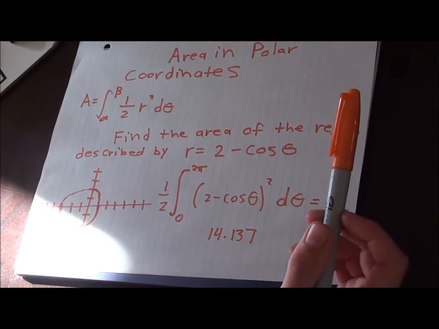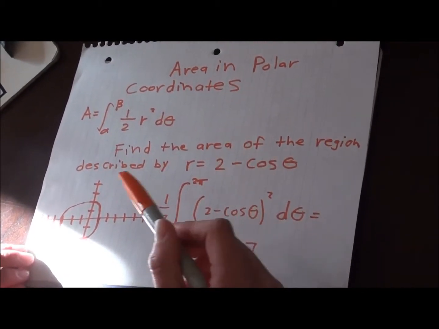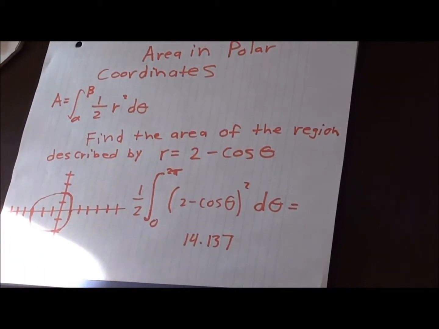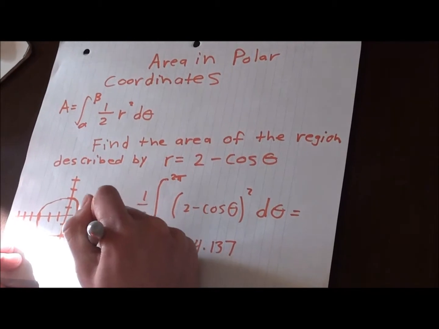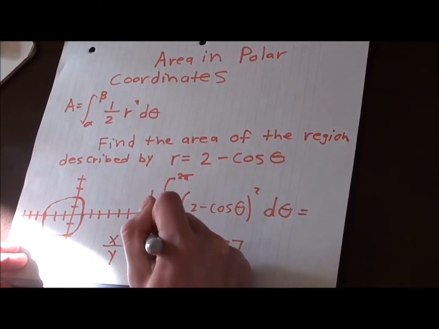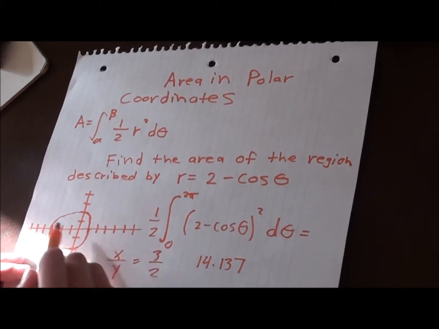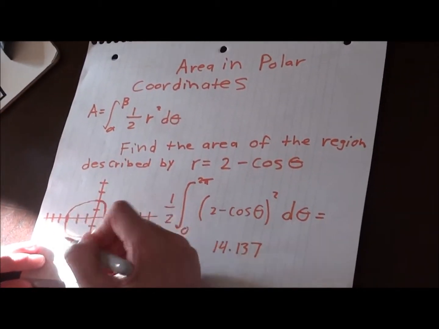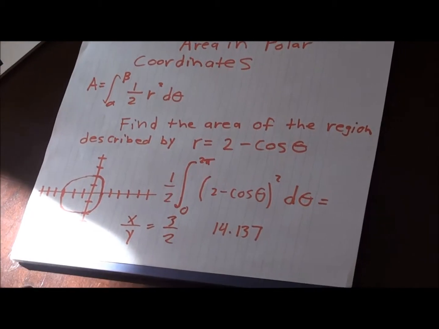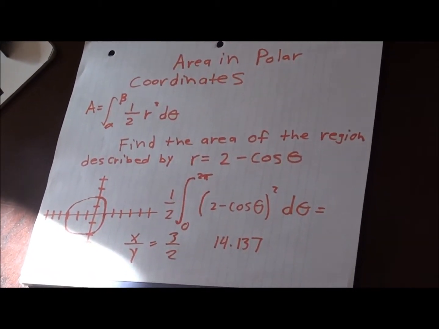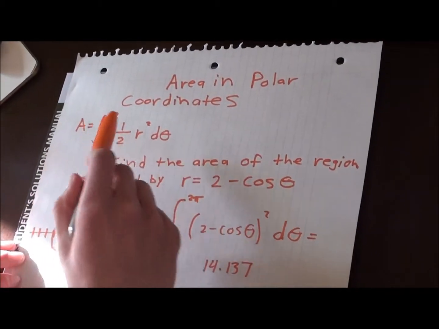One key note that you want to make sure you do with this is your x to y ratio needs to be 3 to 2. So as you can see here, I go out 6 on each side for x and up 4, so that's 3 to 2. When you graph these, make sure you get an accurate picture, and then you just use this formula here.